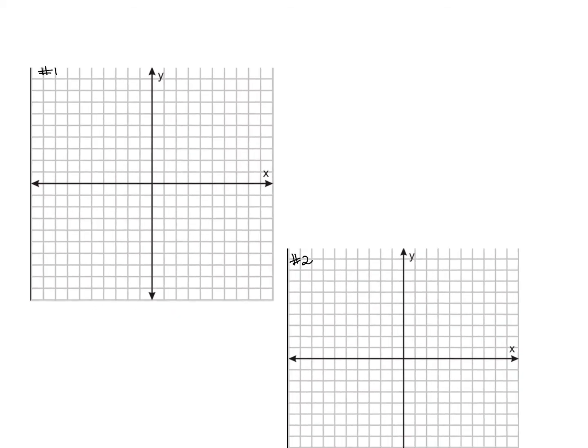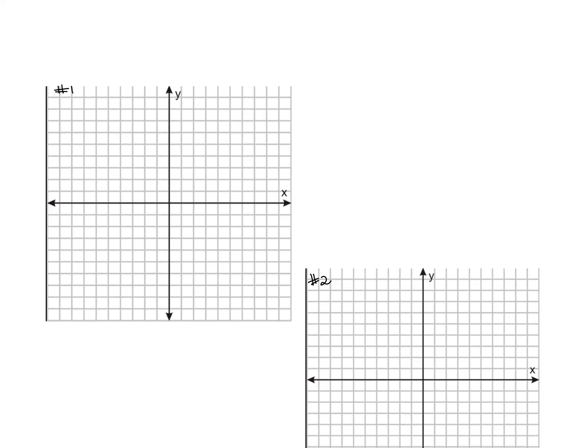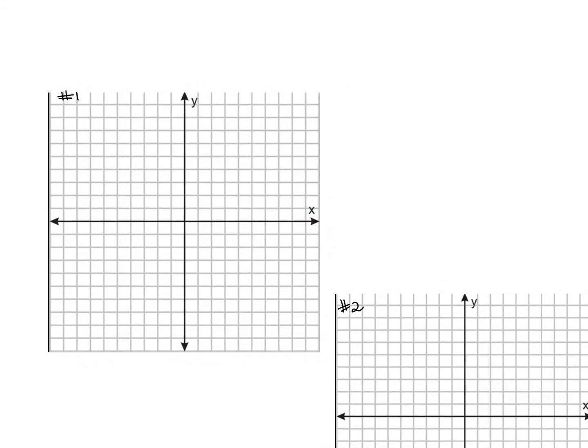Alright, for these graphs, you're going to use what you got for the previous examples. You guys should have it on your page if you copied it down from the last slide. I'm just going to use the coordinates because I have them written down, and I'm just going to graph them, or I'll just go ahead and write them down.